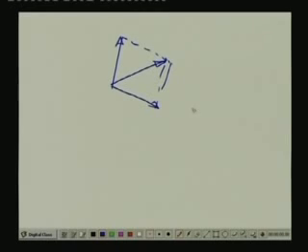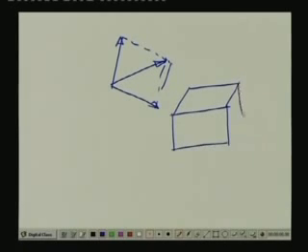Or if we are talking about forces, or stresses, in 3 dimensions, if we look into this parallelepiped, the forces acting in the x direction, or the stress acting in the x direction, in the y direction and the z direction, the resultant of this must be acting through the diagonal of this parallelepiped, and this is the resulting stress of all these stress components.